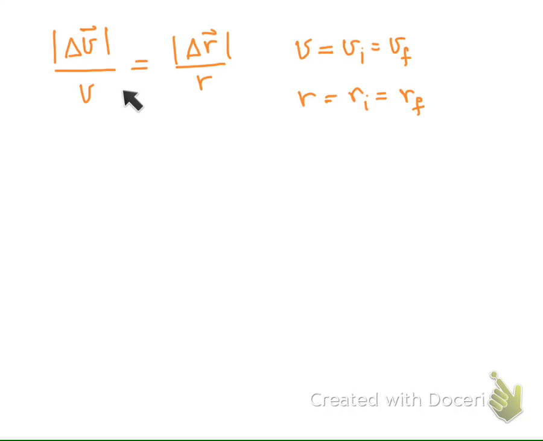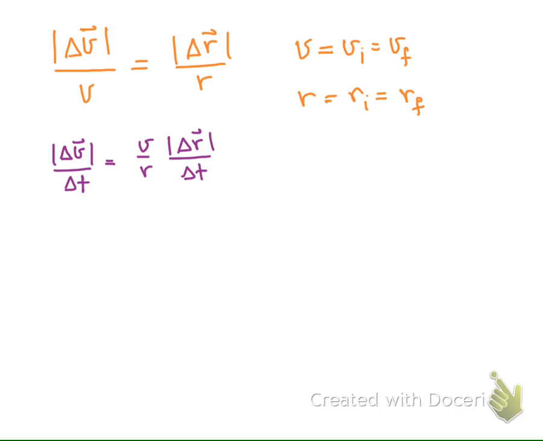Okay, if we rearrange this equation and divide it by delta t, which is the time interval for the particle to move from point A to B, we will have delta V over delta t equal to V over R times delta R over delta t.